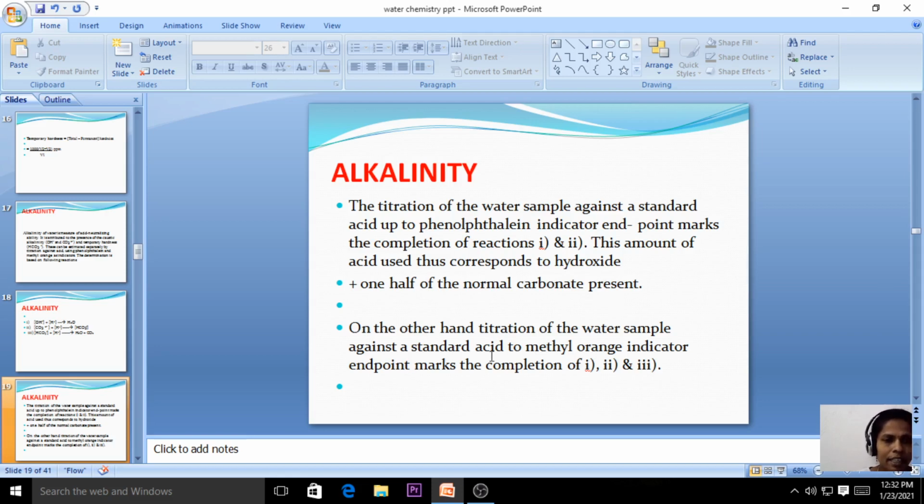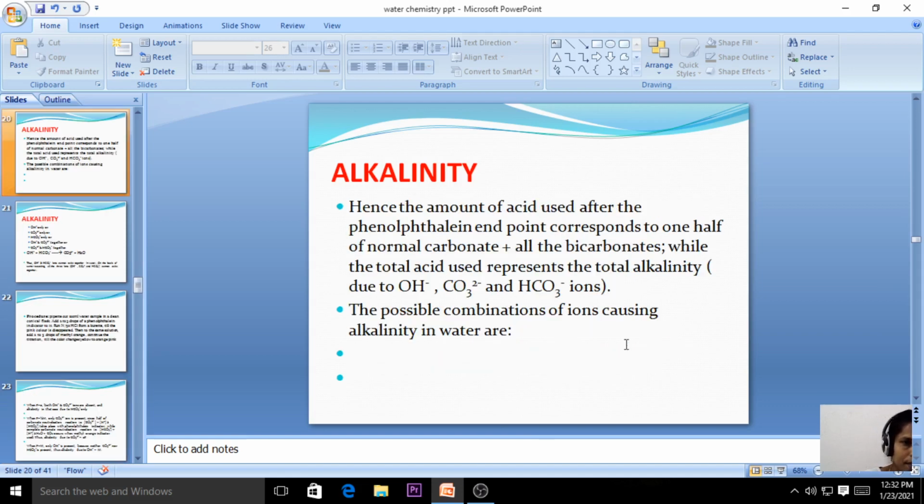On the other hand, titration of the water sample against a standard acid using methyl orange indicator, the endpoint marks the completion of 1, 2 and 3. So what is phenolphthalein indicating? Complete reaction of 1, half reaction of 2. But the methyl orange endpoint is indicating completion of all three reactions.